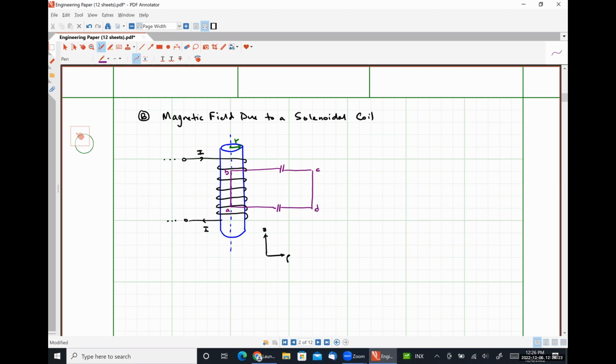Okay. So if we kind of zoomed in on my contour, we'd see something like this.